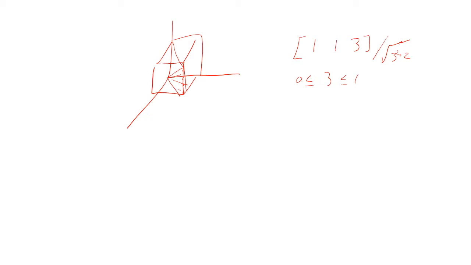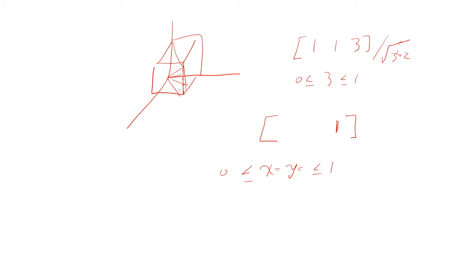Now, up here, this is z equals 1, right? And we have x equals y, and this goes from x equals y equals 0 to x equals y equals 1, so 0 less than or equal to x equals y less than or equal to 1.